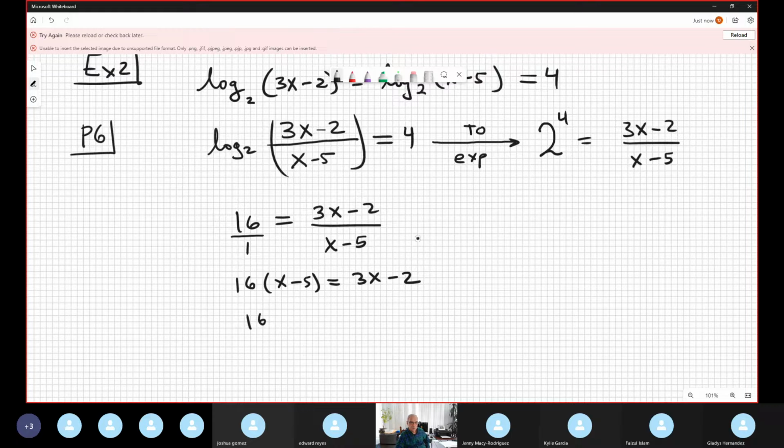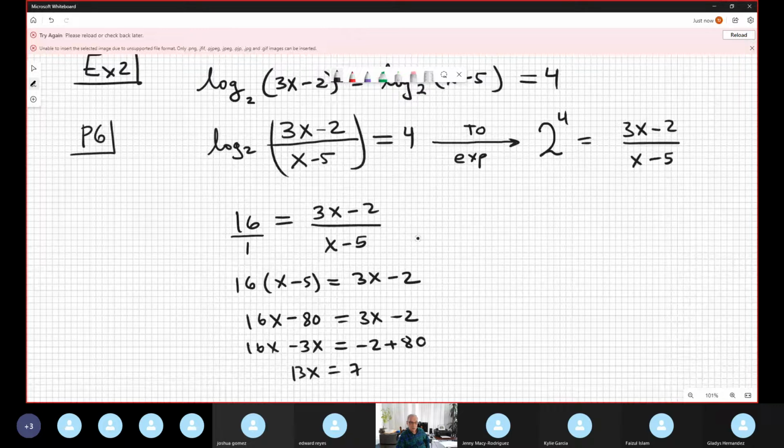Distribute the property: 16x minus 80, since 16 times 5 equals 80, equals 3x minus 2. Then 16x minus 3x is equal to minus 2 plus 80. This is 13x equals 78.